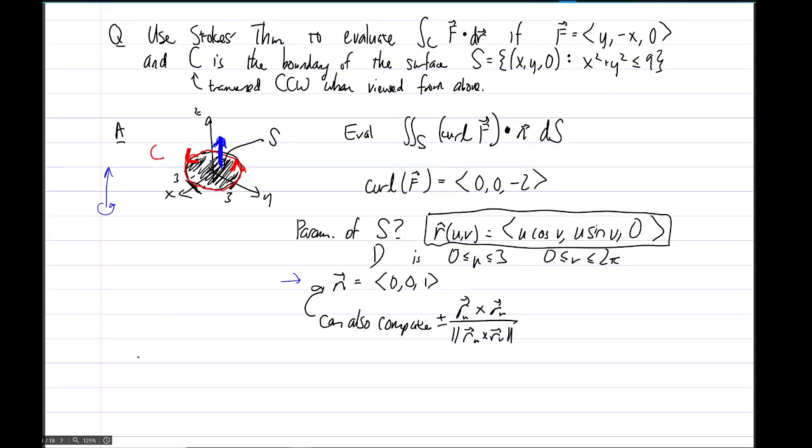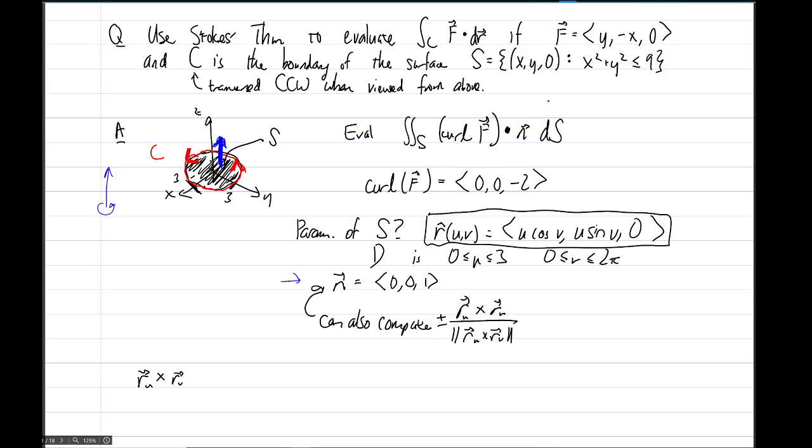In any case, we are going to need to compute r sub u cross r sub v, mainly in the interest of needing to write out what dS is in just a moment.